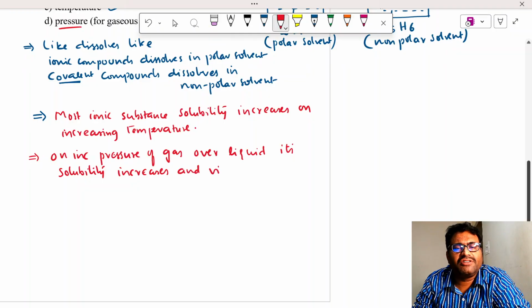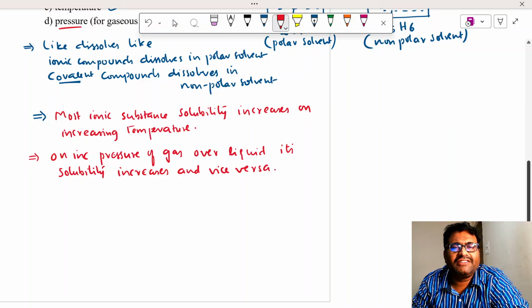Vice versa means when you decrease the pressure, then the solubility of gas in the liquid decreases. Understood? So this is about solubility.